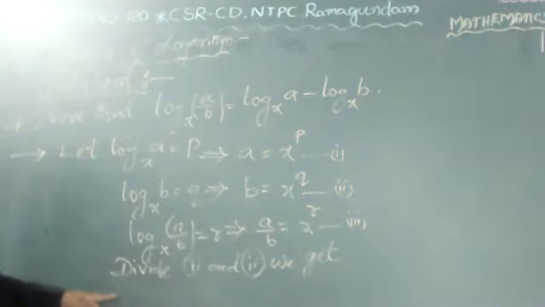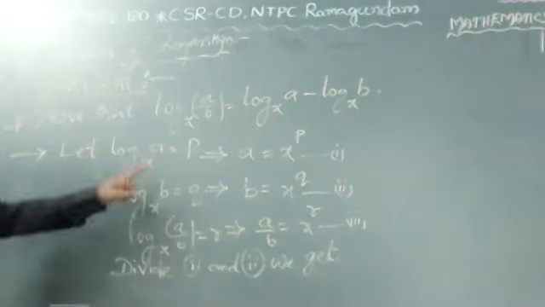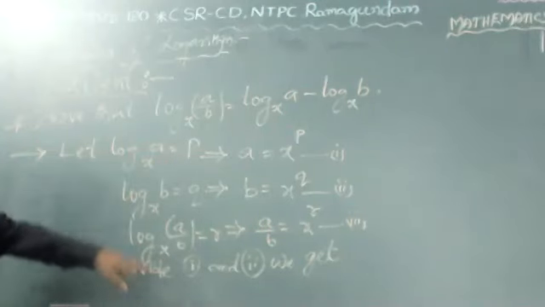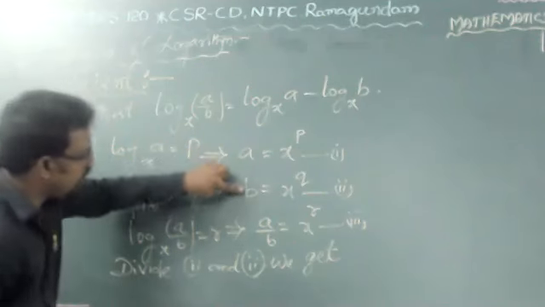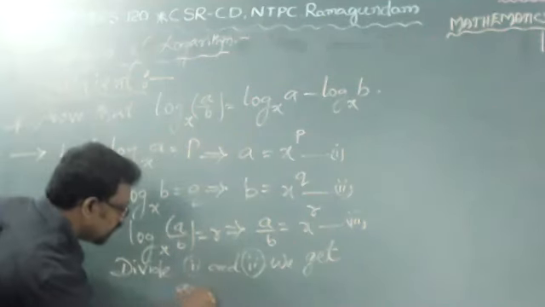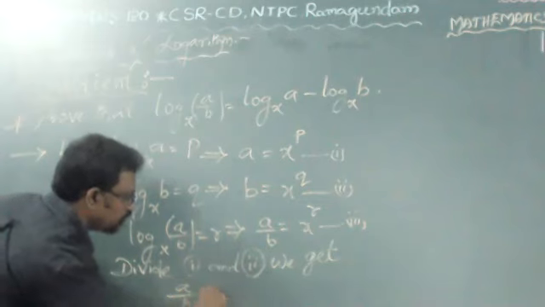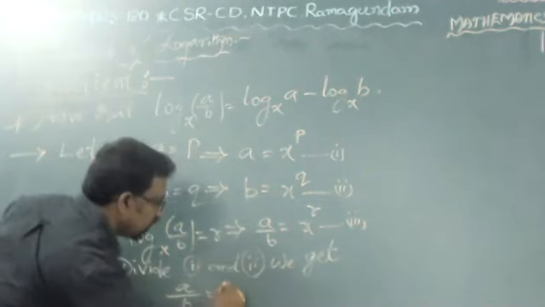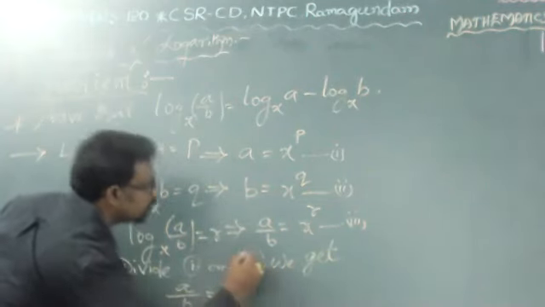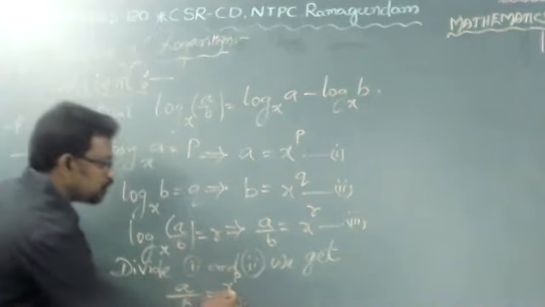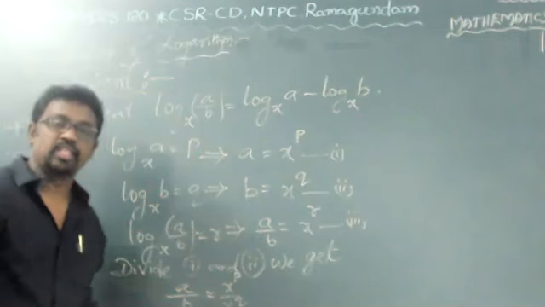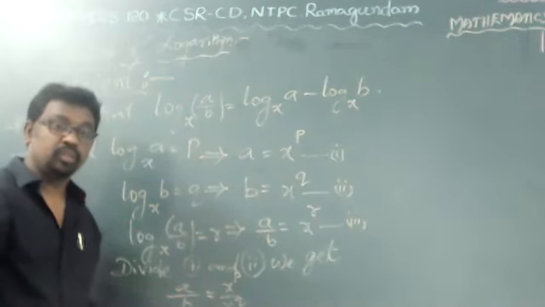We'll go with the last step here. First one and second. What is first one? A by B is equal to x power p by x power q.